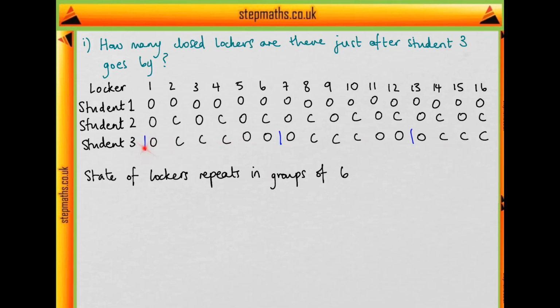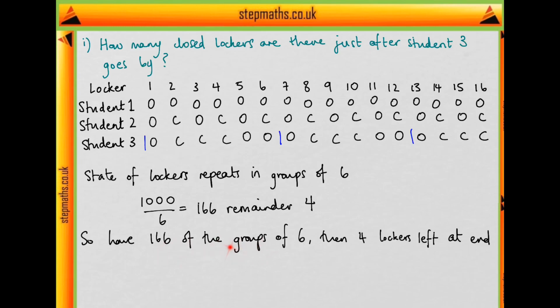Okay, so how many of these groups of 6 are we going to get in 1,000 lockers? Well, 1,000 divided by 6 is 166, and we get 4 left over. So we get 166 of these groups of 6 lockers in this pattern, and then we'll have 4 lockers left over at the end.